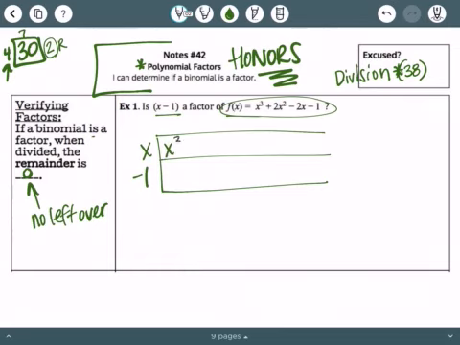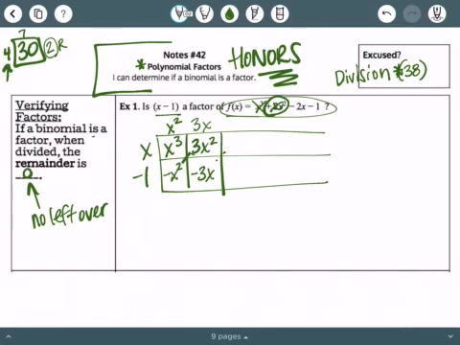So we have x to the third, put x squared on top. x squared times negative 1 is negative x squared. I need these two boxes to give me positive 2x squared, so I'm going to have 3x squared because 3 minus 1 is positive 2. That gets rid of that guy. x times 3x is 3x squared. 3x times negative 1 is negative 3x.